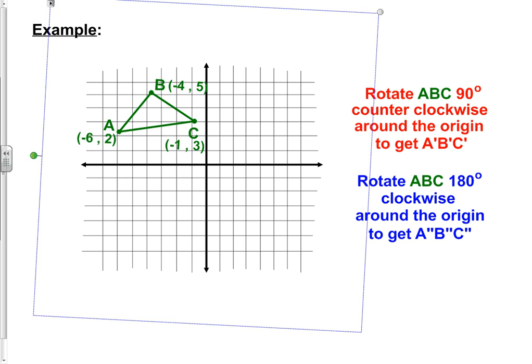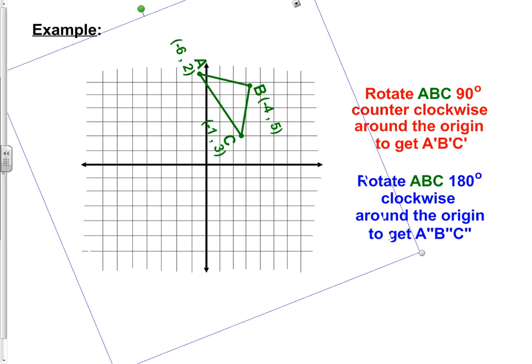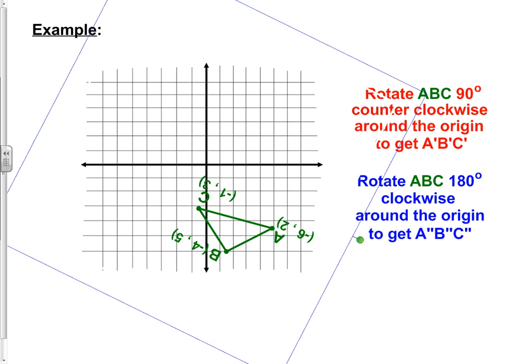Now, you may have noticed that when we talked about the different types of rotations, we mentioned a 90-degree and a 180-degree, but we did not go higher than that. I did not mention a 270-degree rotation. Okay, because think about it. If you're talking about a 270-degree rotation, that would be 3/4 of a turn going around a circle.